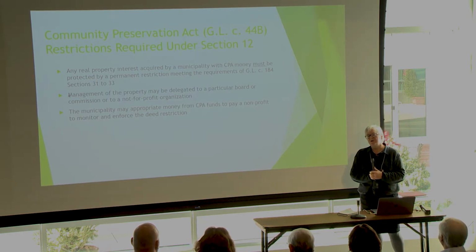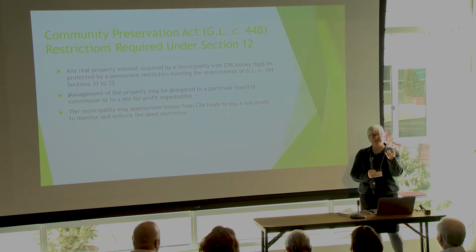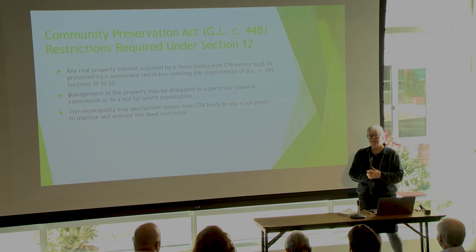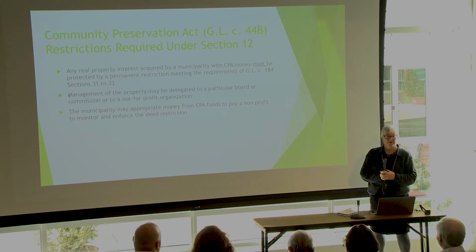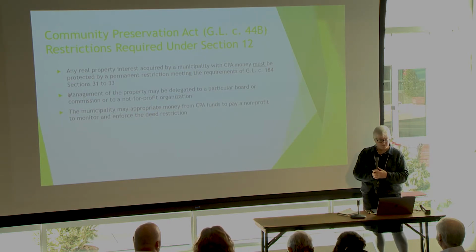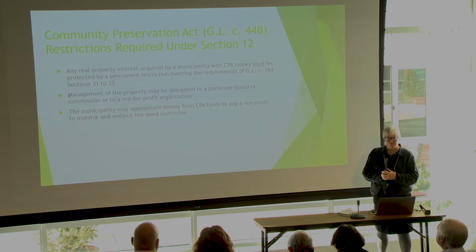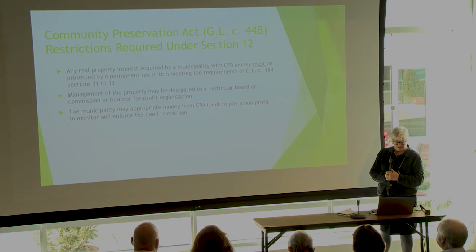If I just get a conservation restriction and it's signed by me and I deed it to the town, it's only good for 30 years. It can be renewed potentially for another 20, but that's not a restriction that's been approved by the state. And so it'll expire after 30 years. So you want to make sure that you've gone through the approval process.